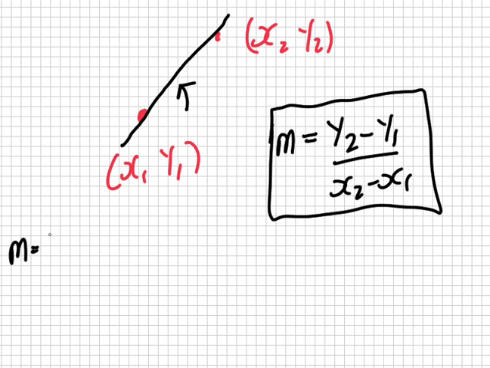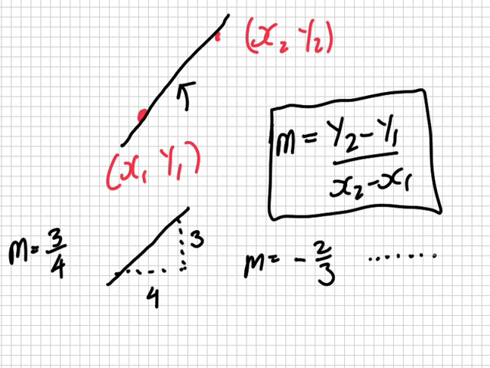So just to help you out here, if I said m was 3 over 4, what that would mean is every time I go out 4 units, I would have to go up 3 units to get that line. If I said m was minus 2 over 3, that would mean every time I go out 3 units, I go down 2 units.